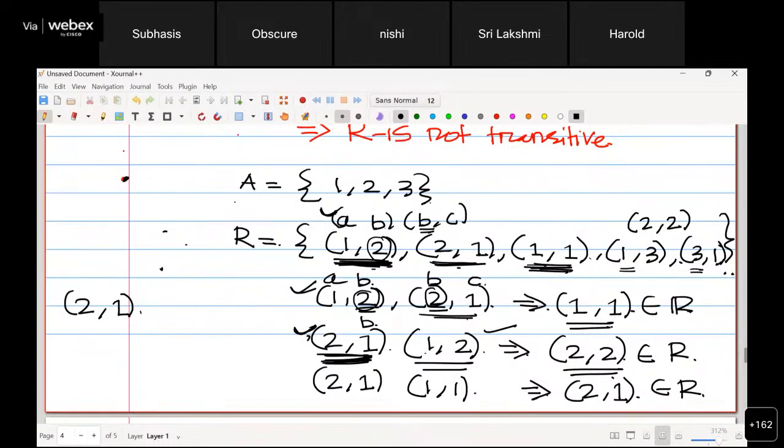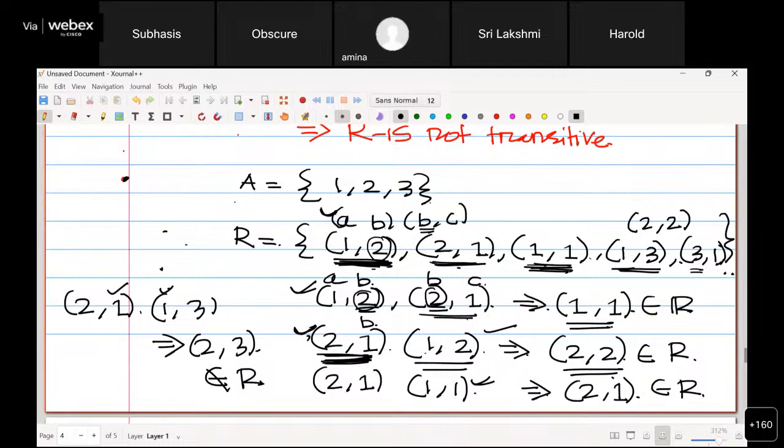Then the next suitable candidate is 1 comma 3, because here I have 1 and here also I have 1. So now if I see, then I have 2 comma 3, but 2 comma 3 is not in R, right? That means even if I include 2 comma 2, this relation is still not a transitive relation.